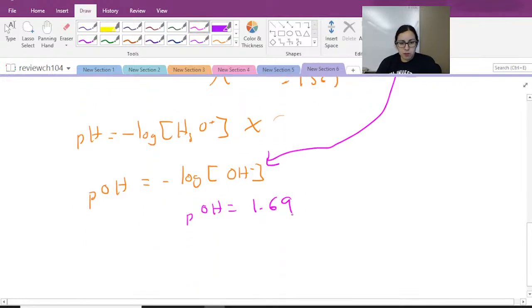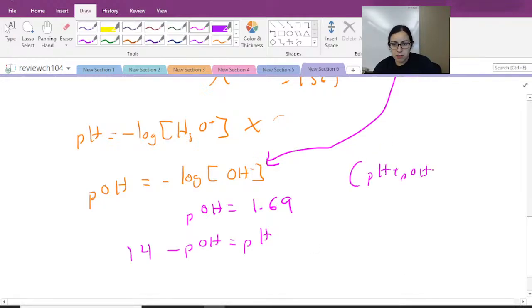And so now what can we do from here? So I have my pOH. It's another good formula. Yeah, so 14 minus pOH equals our pH, perfect. And right, she just got that from our pH plus pOH equals 14, so that's standard.